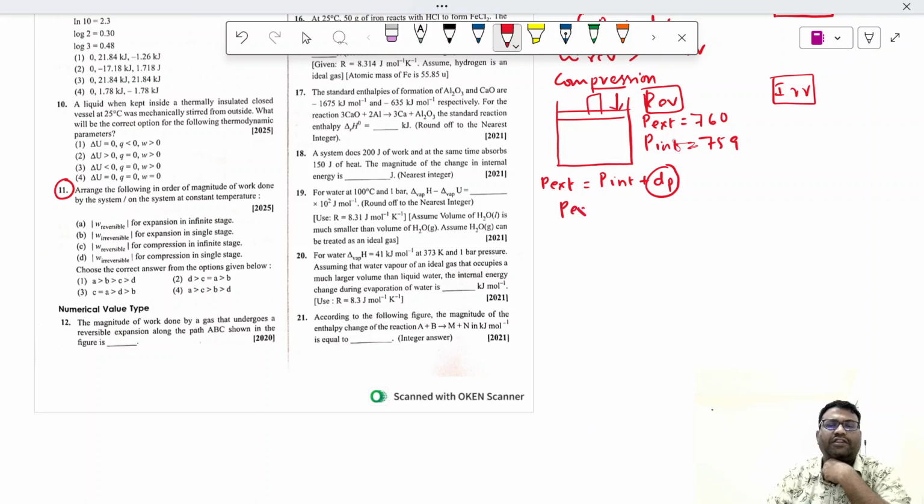P external will be almost equal to P internal, right? So 760 is very much near. And coming to irreversible, irreversible means the process occurs in finite steps, you cannot reverse.